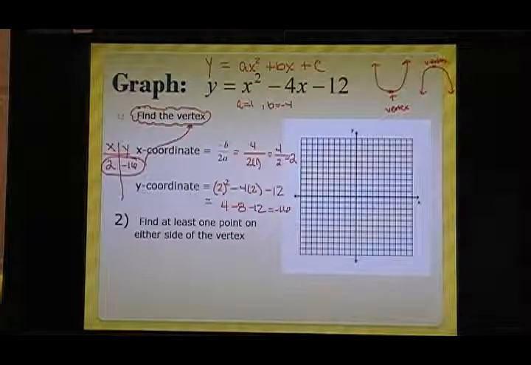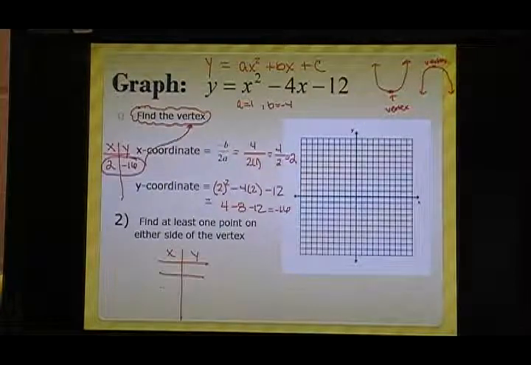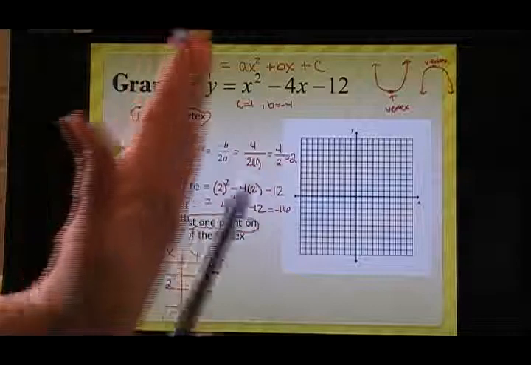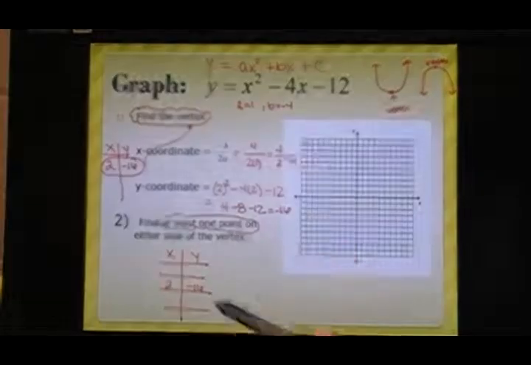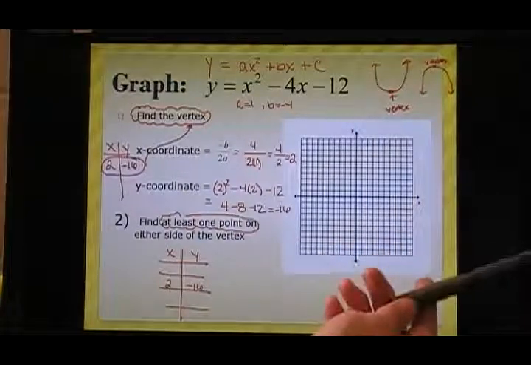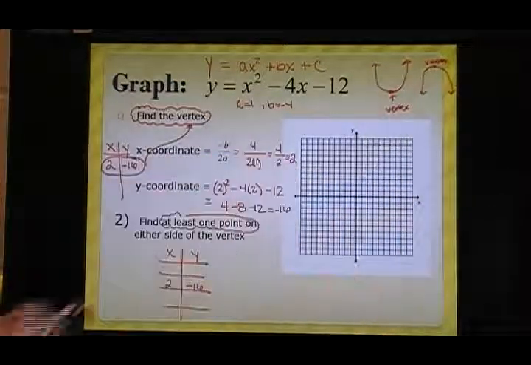So, once you know where your vertex is, we know we have a point at 2, -16. That's specifically the vertex. Then you can go ahead and just find at least one point on either side, one point to the left and one point to the right of the vertex. And then you know it's going to be a parabola so that you can just make your shape from there.